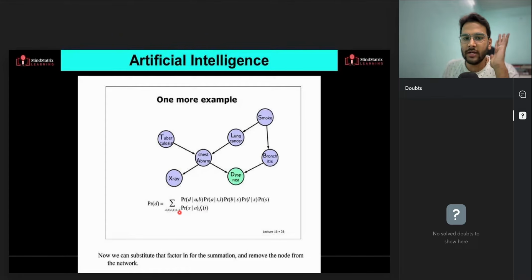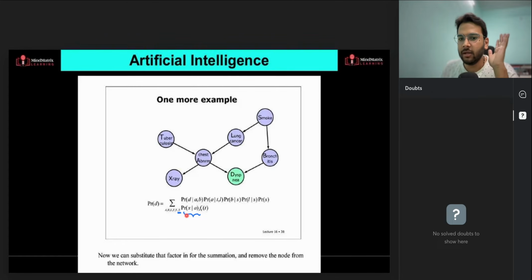Now what is next? The next variable we are picking is X, based on the order that we have decided. V is done, now X. X is involved only in this probability of X given A. If you see in any other term, X is not there.